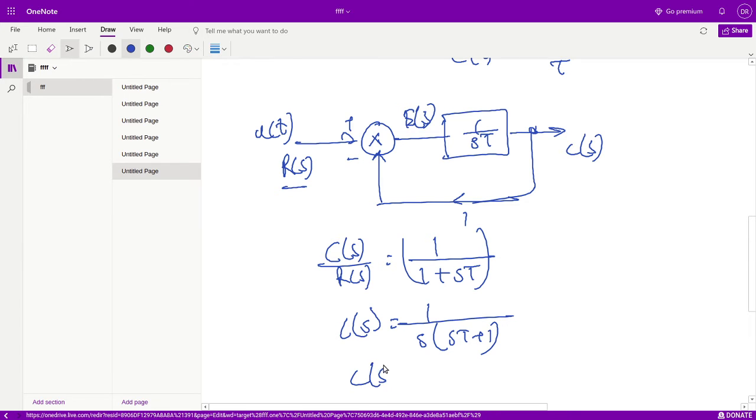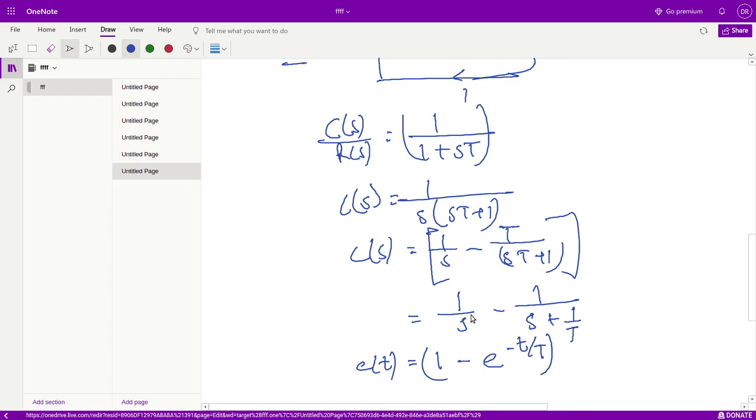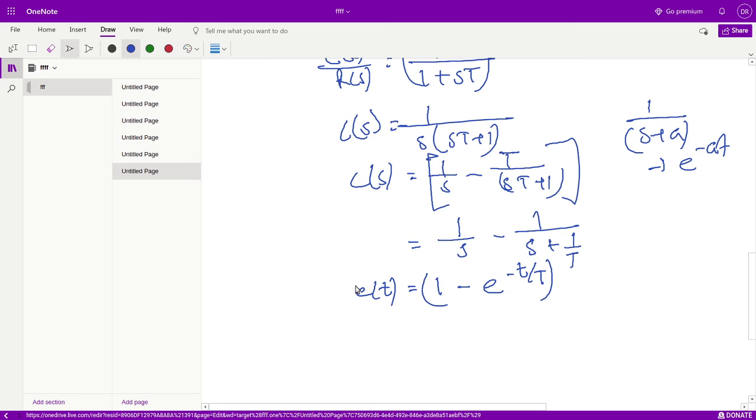Using the partial fraction method we can write this equation in another form. After the LCM, there is s and there is T. Now 1 by s is expressed as 1 by s minus 1 by s plus 1 by T. If we take the inverse Laplace of this function, we get 1 minus e to the power minus t by T, because the inverse Laplace of 1 by s is the unit step, that is 1, and the inverse Laplace of this term is e to the power minus t by T. Now we look at what our error function is. E(t) is equal to basically r(t) minus c(t).